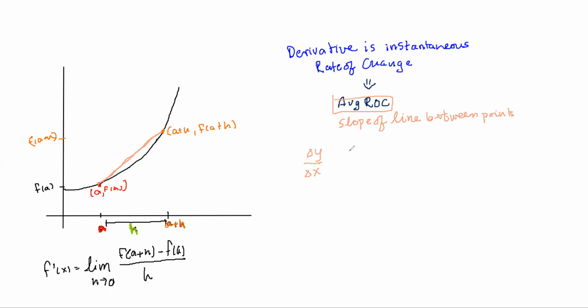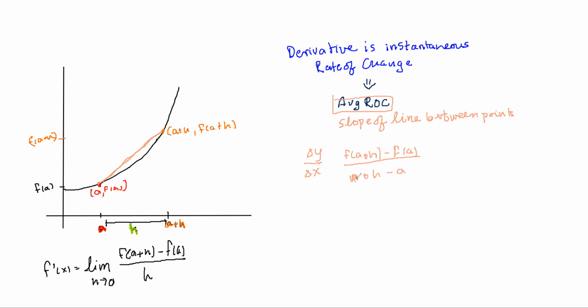So the change in y, which is going to be f of a plus h minus f of a, right? We go from f of a to f of a plus h over the change in x, which is going to be a plus h minus a.